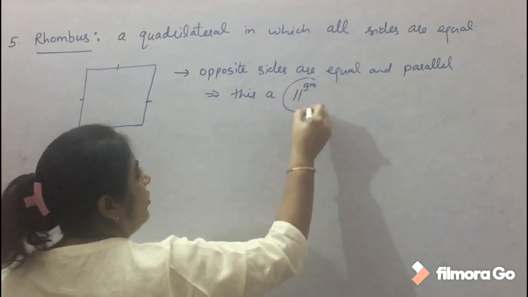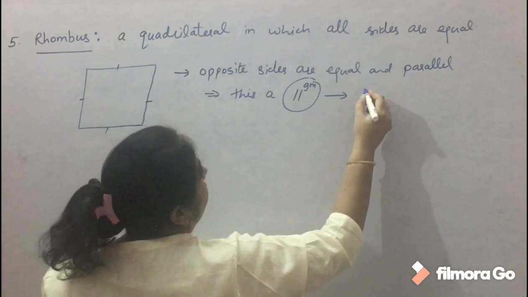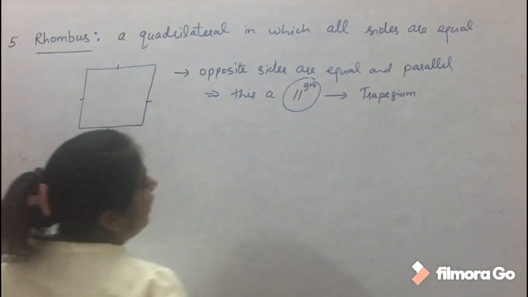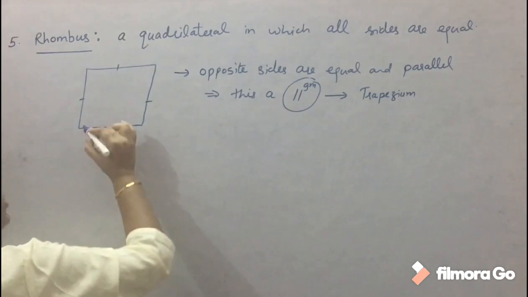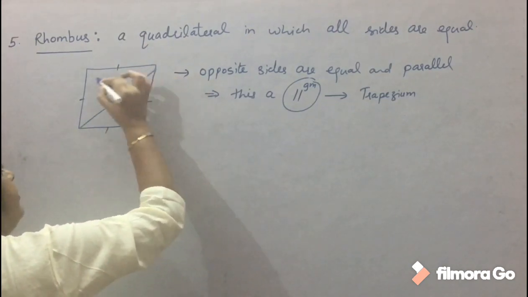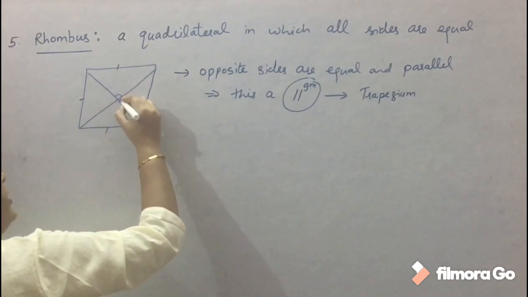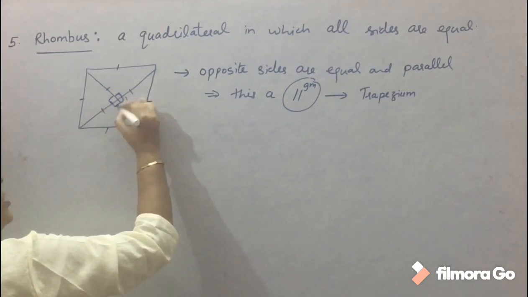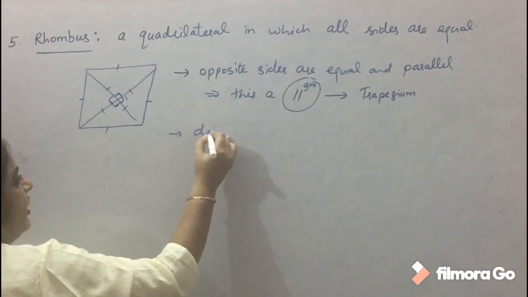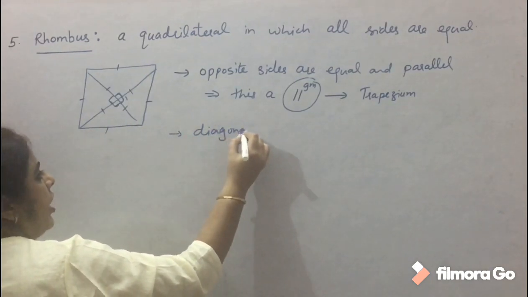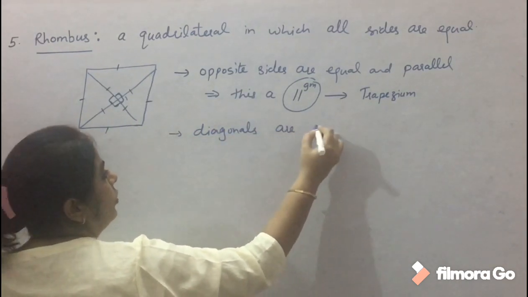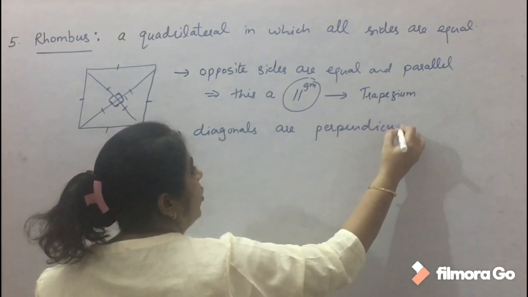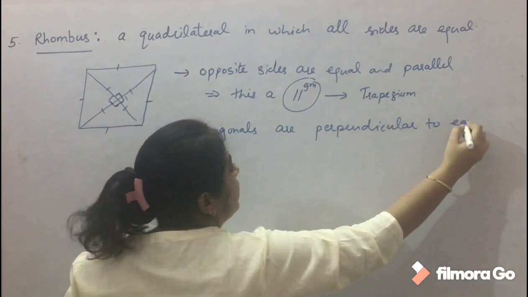And if it is a parallelogram, then it would be a trapezium also. Also we have seen that diagonals bisect each other at the angle of 90. It means diagonals are perpendicular to each other.